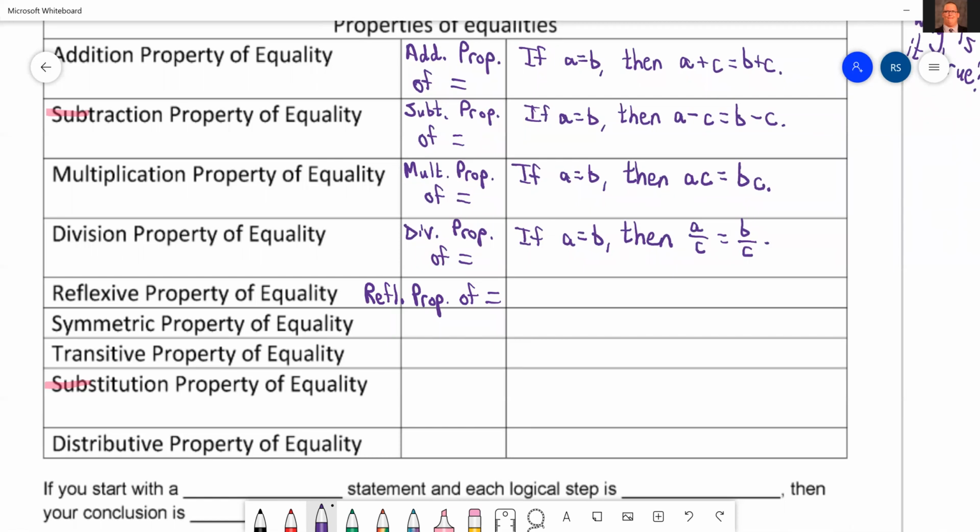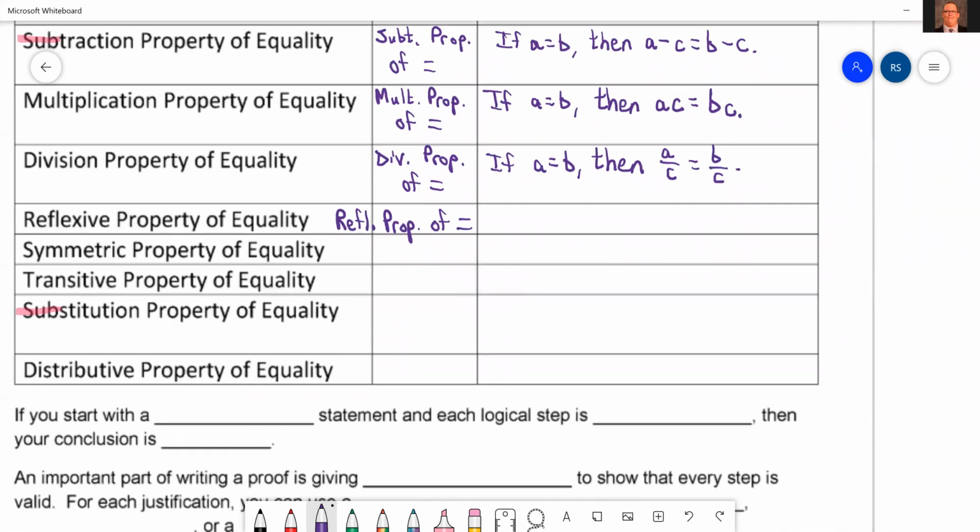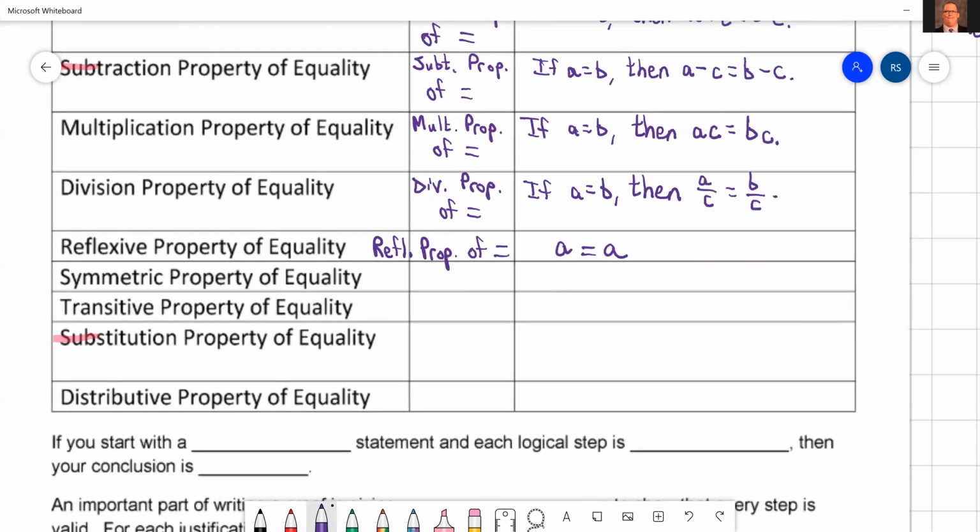If you think of it this way, if you look at yourself in the mirror, what do you see? Your reflection. So that means the things outside of the equal sign have to be the same. So that would be like saying A equals A. It's the same thing on each side of that equal sign.